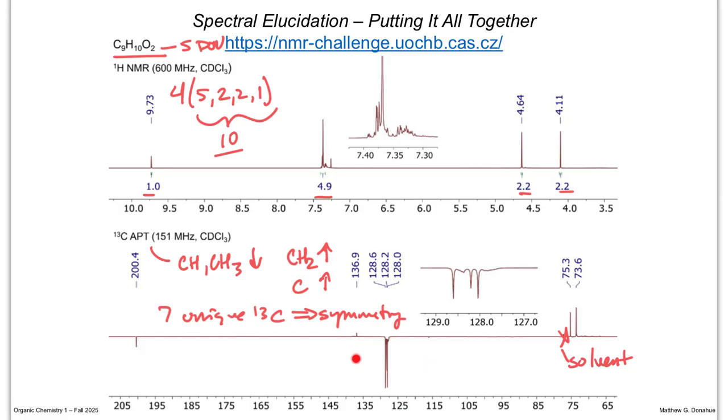So based on the location of those signals and the location of these, plus that number, what do you think those carbons and hydrogens belong to? It has to belong to a benzene ring. So benzene is C6H6.